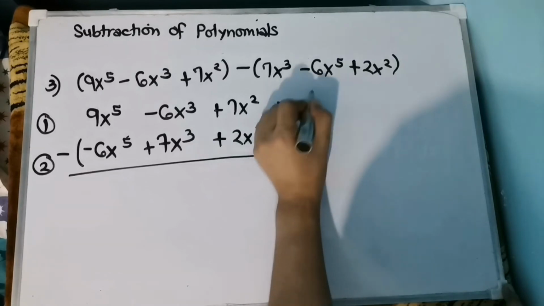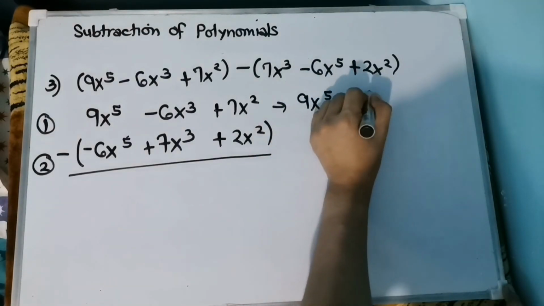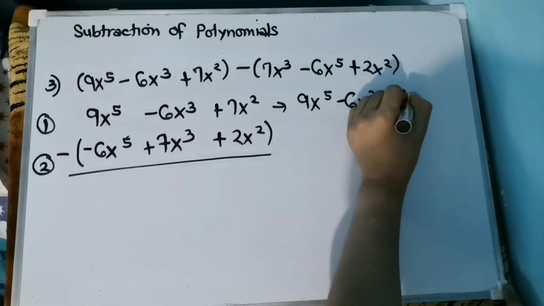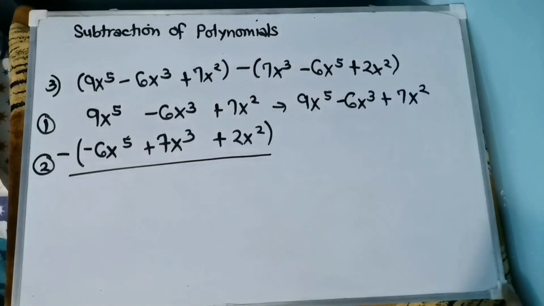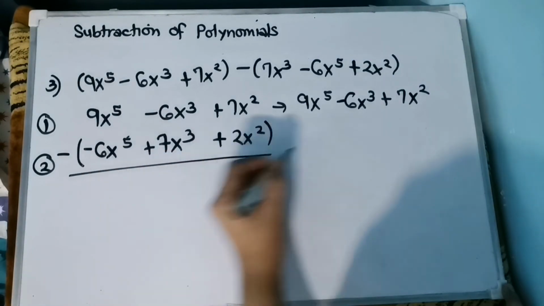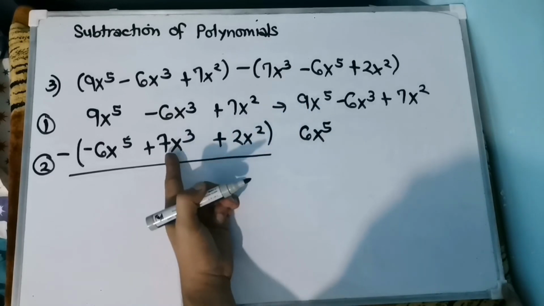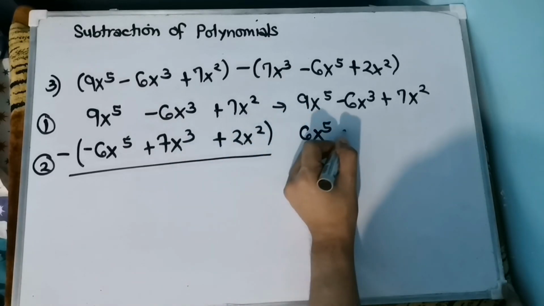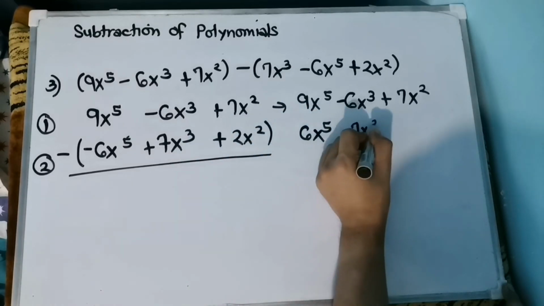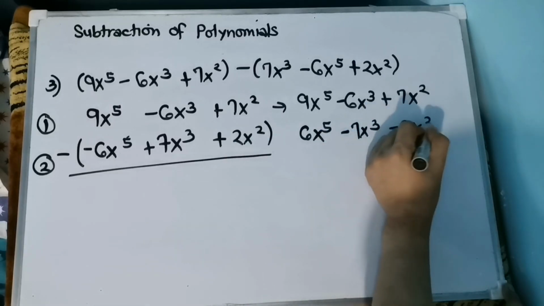So we just copy our minuend, 9x to the 5th minus 6x cubed plus 7x squared. And then we need to change all the signs of our subtrahend. From negative 6x to the 5th, it becomes 6x to the 5th. Positive 7x cubed becomes negative 7x cubed. From positive, it becomes negative 2x squared.